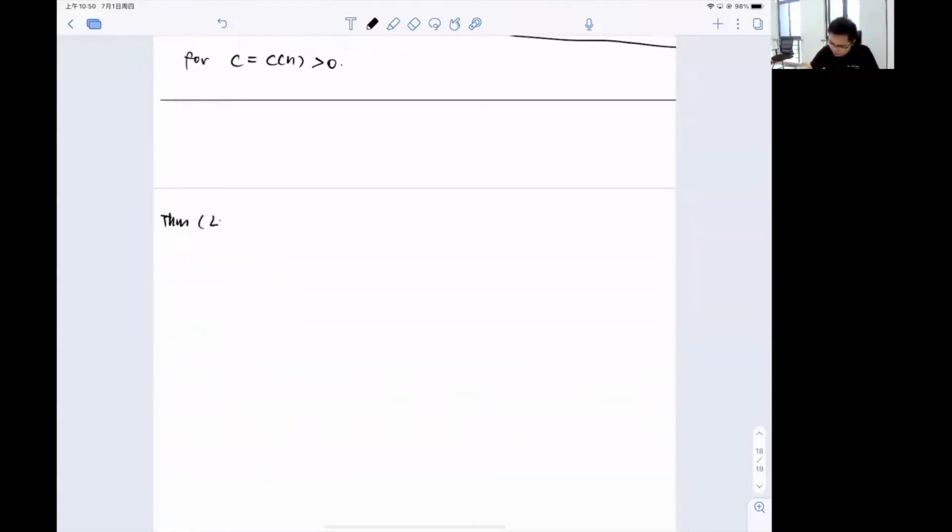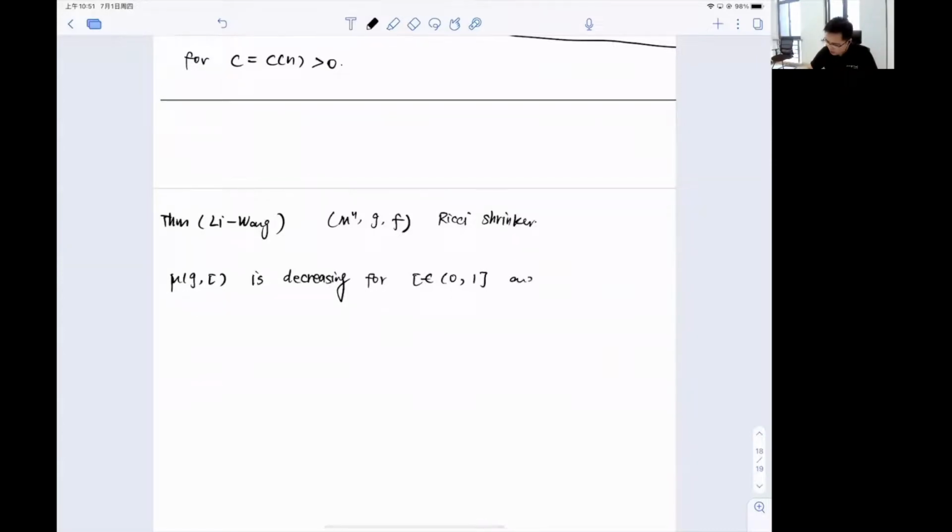With that, we can prove that if (M, g, f) is a Ricci shrinker, we can show that the entropy mu_g(tau) is decreasing for tau in between 0 and 1, and increasing for tau greater than or equal to 1.